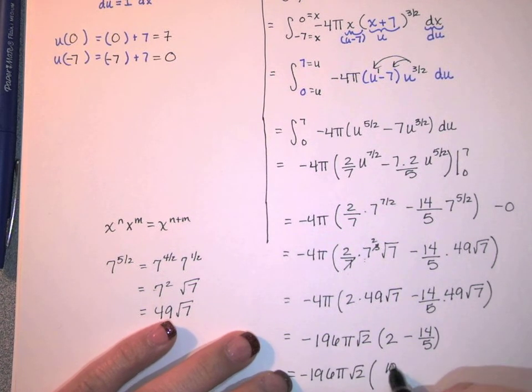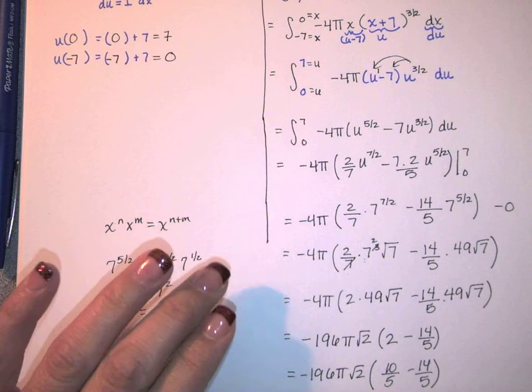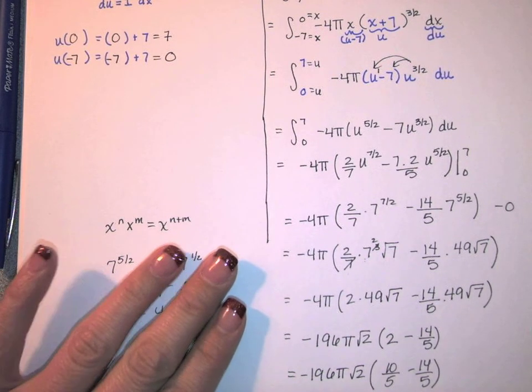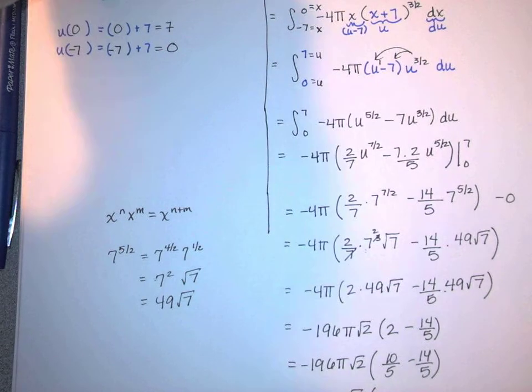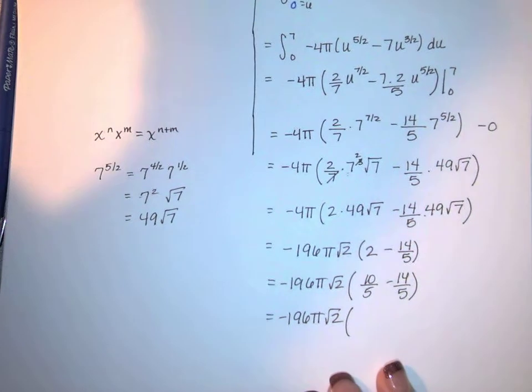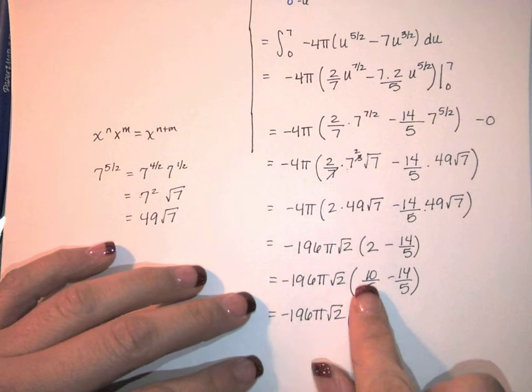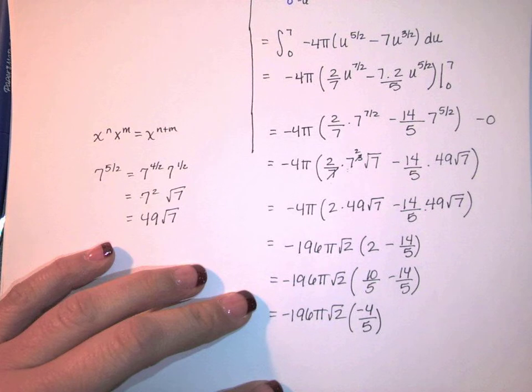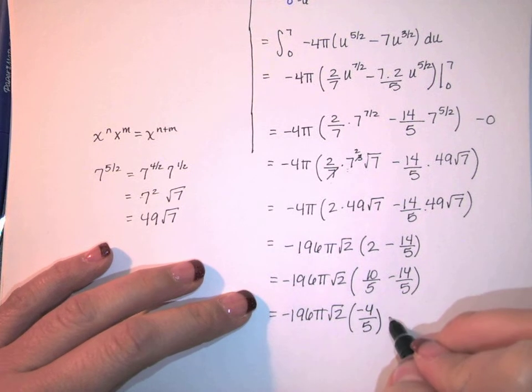Two is the same as 10 over 5. If you were worried about that negative, because you said to yourself, volumes can't be negative, that is a valid concern, but it turns out that 10 over 5 minus the 14 over 5 is going to give us a negative 4 over 5, and things are going to simplify quite nicely.